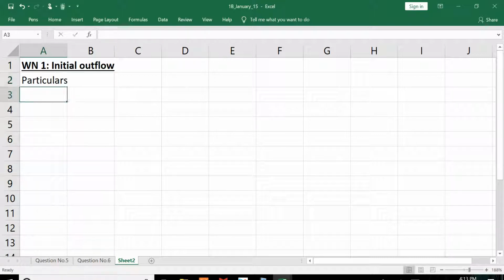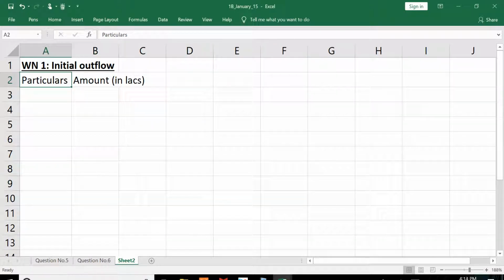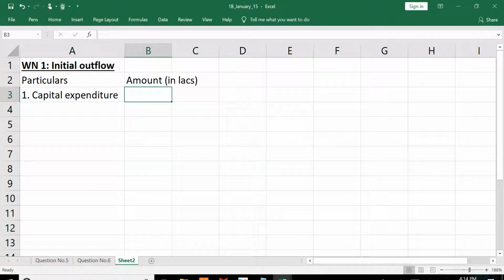Particulars, amount in lakhs. Point number 1, capital expenditure.